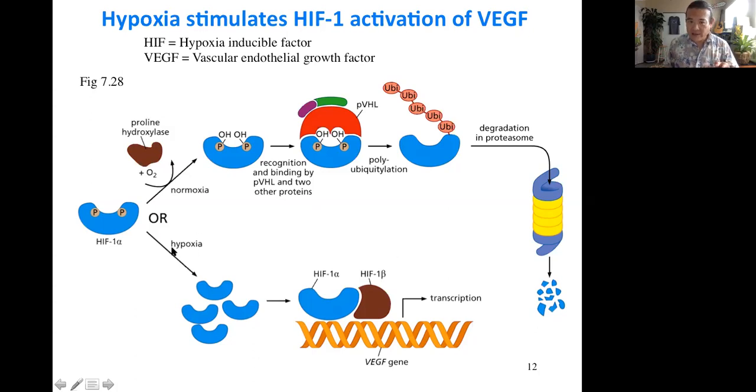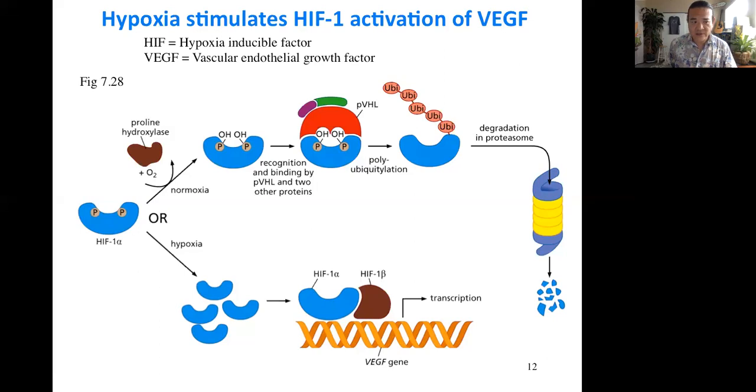But in low oxygen conditions, hypoxia, then the HIF1 is allowed to function and activate, because you won't have it modified by the proline hydroxylase because the levels of oxygen are too low. And as a result, you'll have more HIF1 that activates. It's a transcription factor that binds to the regulatory regions of genes like VEGF.